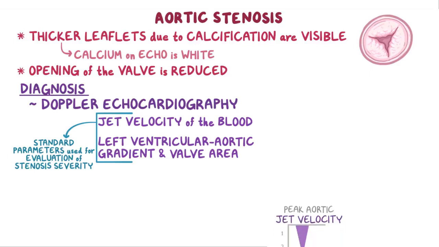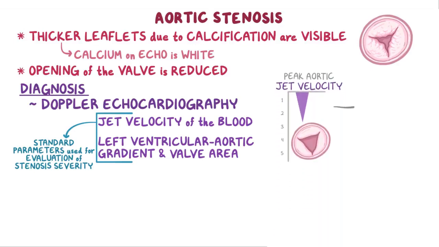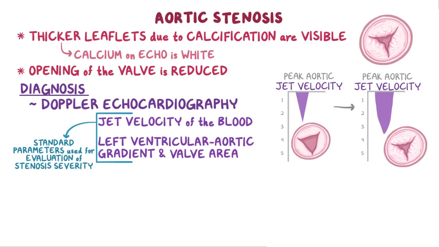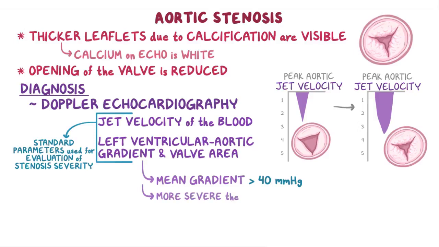The flow is very turbulent because of the stenotic valve, presenting as elevated jet velocity. Blood pressure gradient is useful to understand the severity of the stenosis. Usually, the cutoff is a mean gradient higher than 40 millimeters of mercury. The more severe the aortic stenosis, the higher the blood pressure gradient.